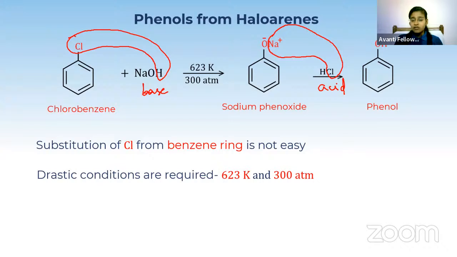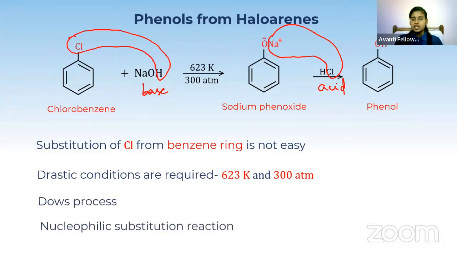We also have one name for this process, and that is called Dow's process. It is actually the nucleophilic substitution reaction, where the Cl gets substituted by the OH nucleophile. So this is the first method of preparation of phenol from haloarene.